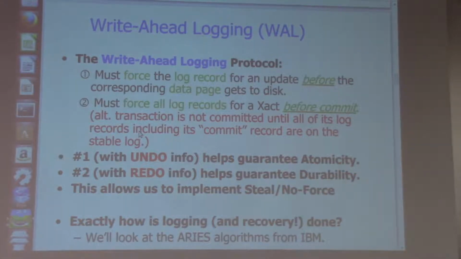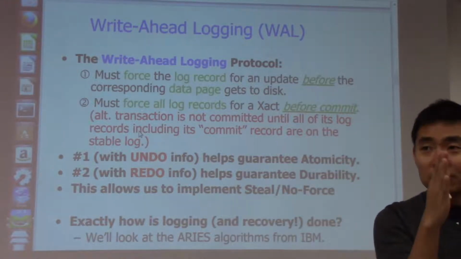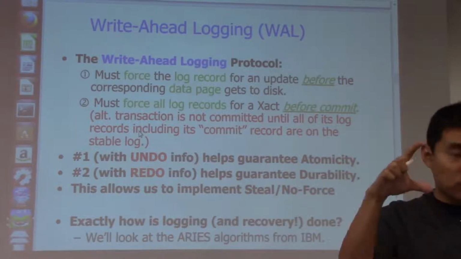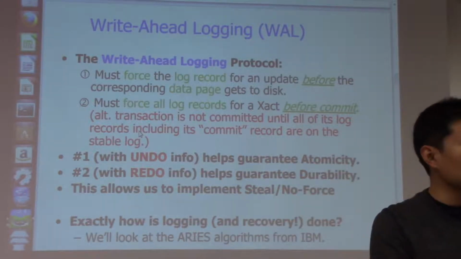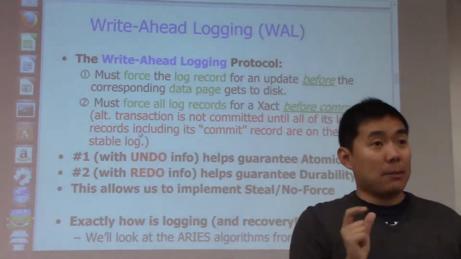It's really about undo. If you cannot understand why number one is needed, let's flip the order. Let's say we allow an update to a particular page to be written to disk before the corresponding log record has been written to disk. What may happen?